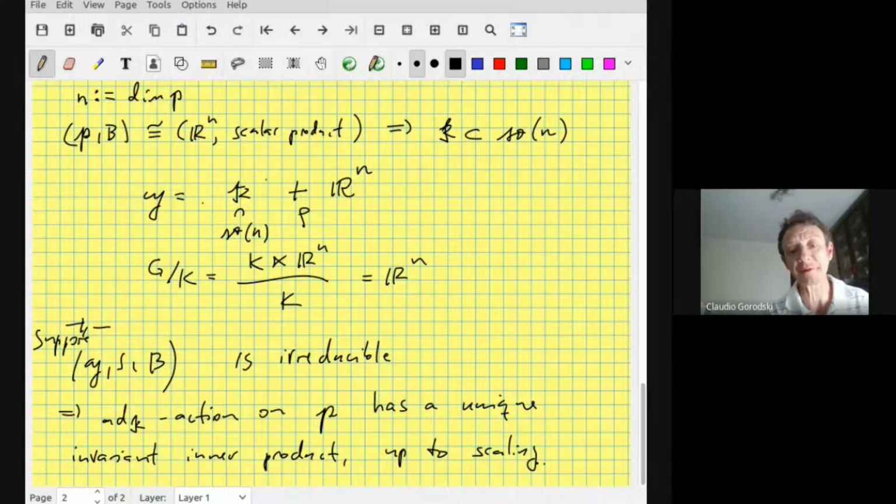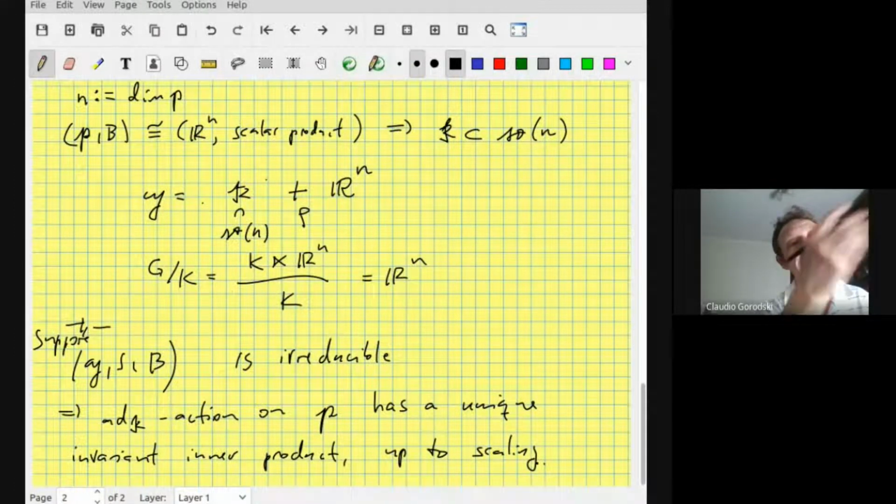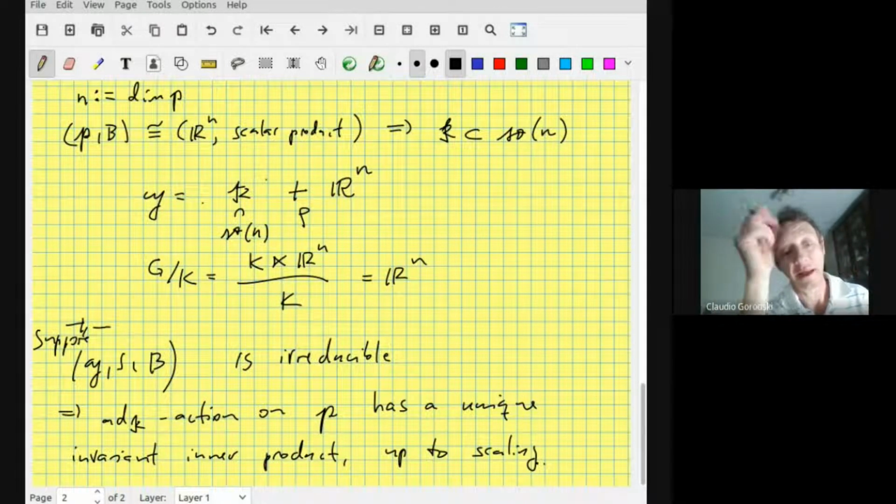Because if we have two inner products which are invariant under K, then we can diagonalize one with respect to the other, and the eigenspaces will be K-invariant subspaces. So if the action is irreducible, there can be only one eigenspace. So there are multiples, one of the other. Okay. With these remarks, I can just state now the decomposition theorem.